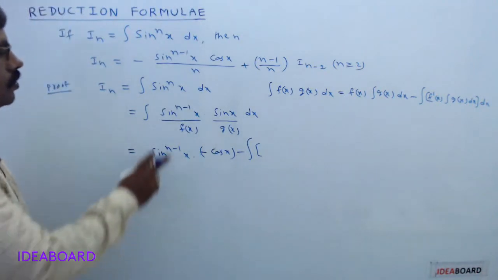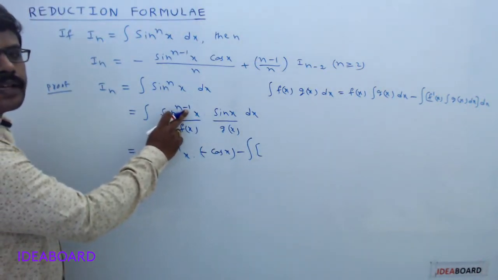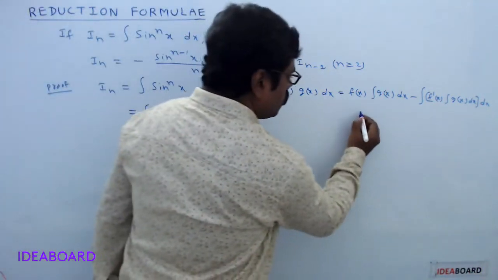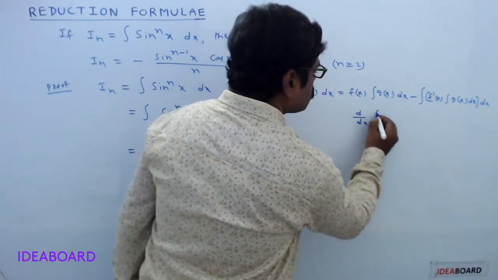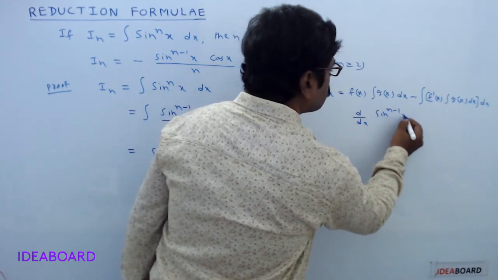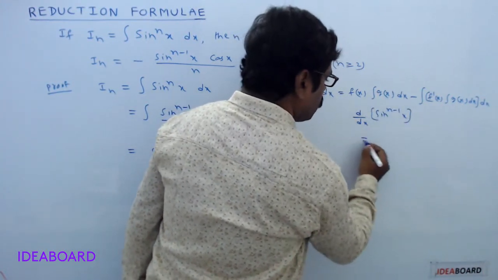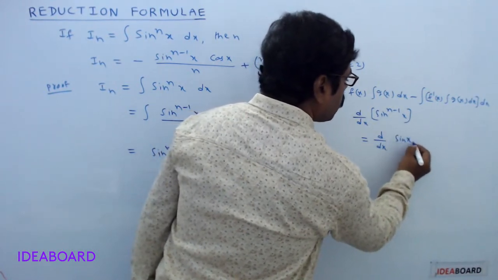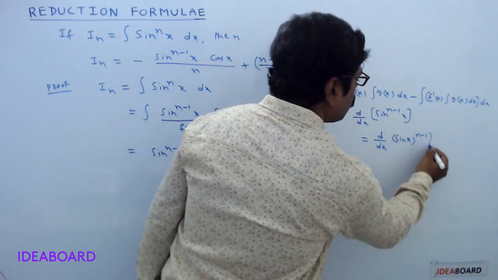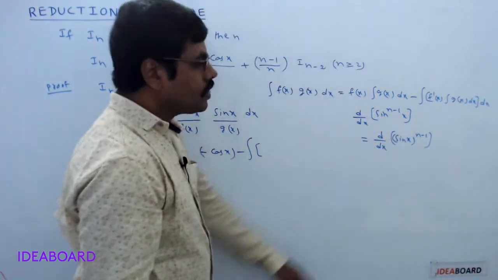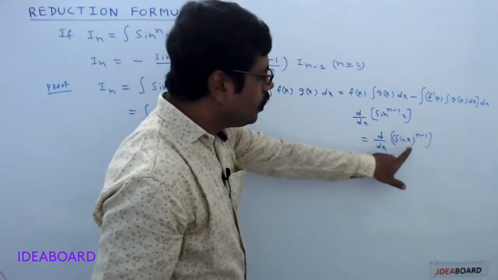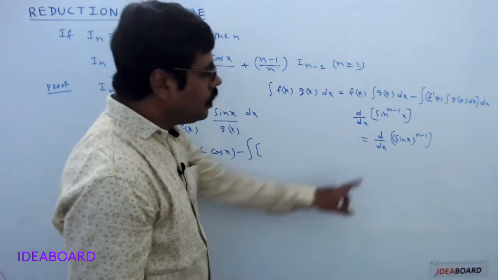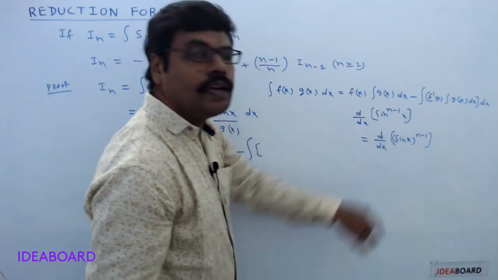We need the derivative of sin^(n-1) x. First calculate the derivative of this function. The derivative of sin^(n-1) x can also be taken as sin x whole power n minus 1. Here the power is the constant term and the base is the function, so you can apply the result for the derivative of x to the power n.